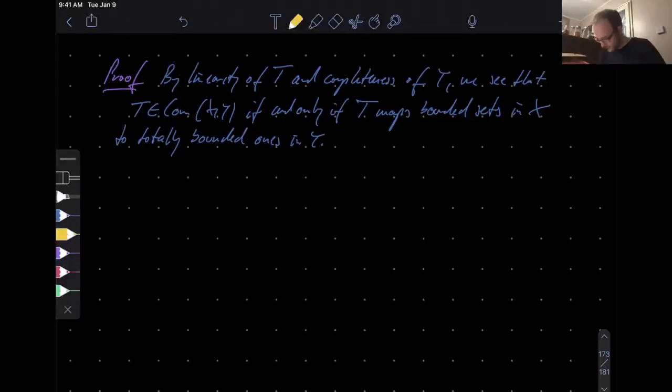Okay, but now moving ahead, now I jump to sequential compactness.